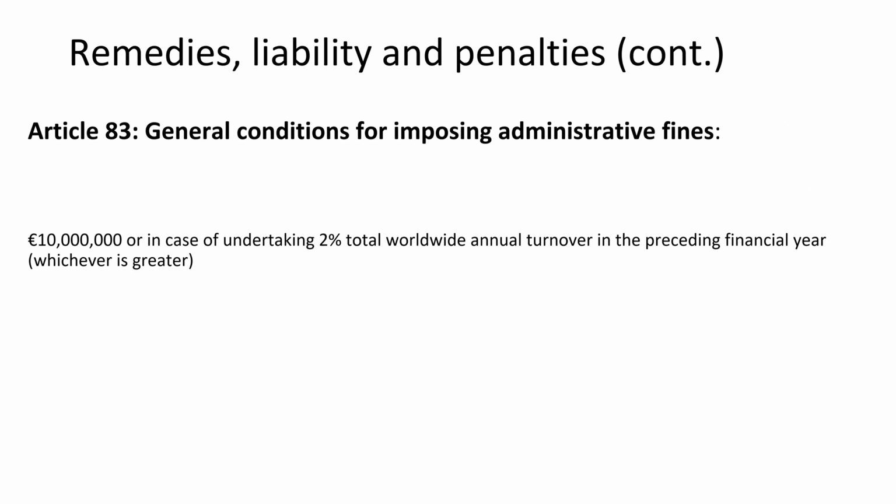I mentioned earlier that the GDPR has 99 articles, and it's not that you get this fine for every single article that you're in breach of, that you fall foul of. So there are some very sensitive ones that will cause you to get these fines, and we'll look at that in a minute.